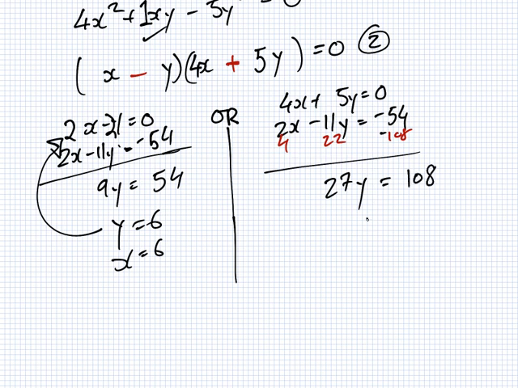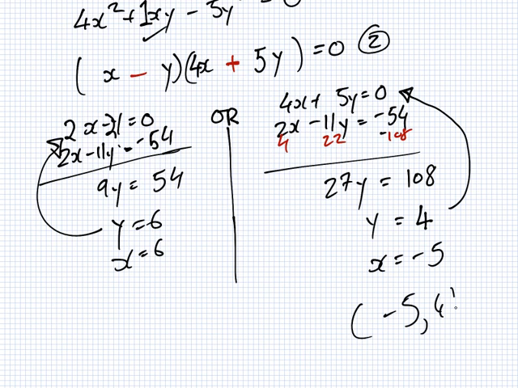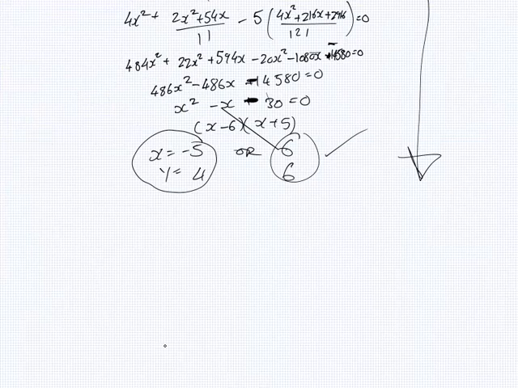So that means y equals 4. If I put that back in here, y is 420 divided by 5 then, yeah, minus 5. So I have minus 5, 4, and 6, 6. The same answer.